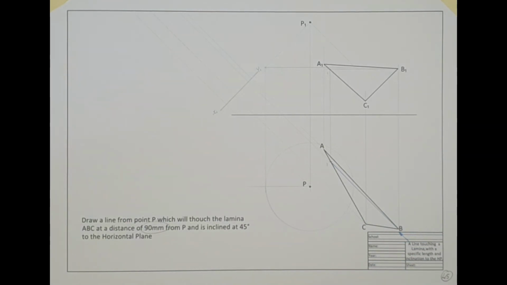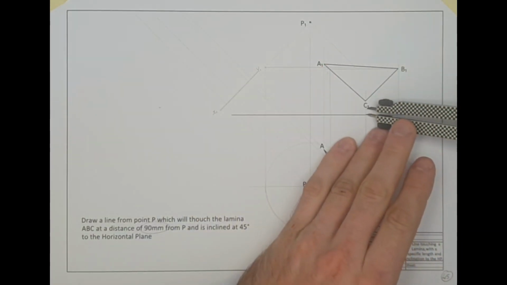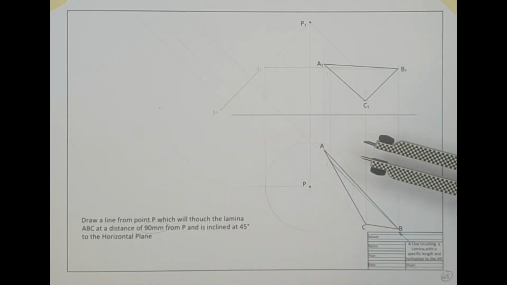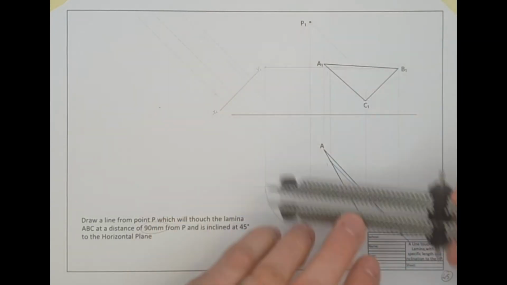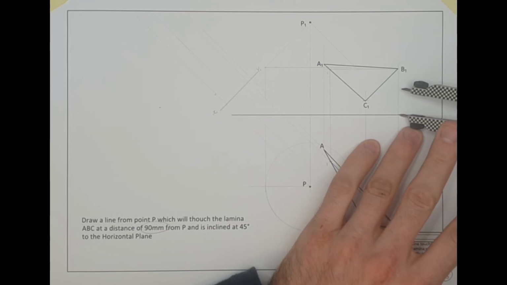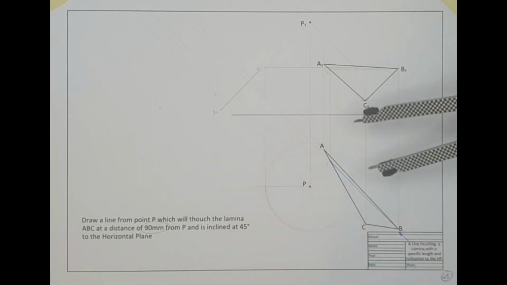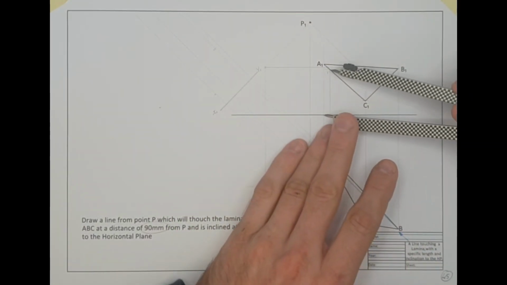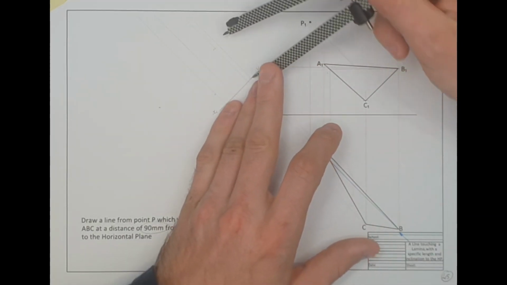I'm going to take the distances, so I've projected from a plan, so this is an elevation. I'm going to take the distances from one elevation and mark them onto the other. Is it all going to fit on my page? Yeah, it is, I think. That is point C right there. That is point B, which lies here in the second projection, and point A on that third projection to the right there.